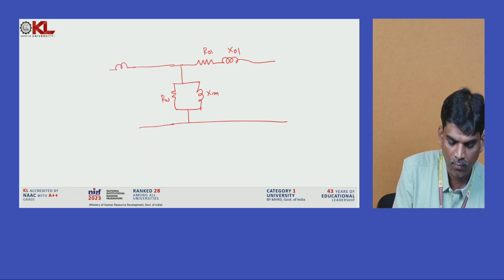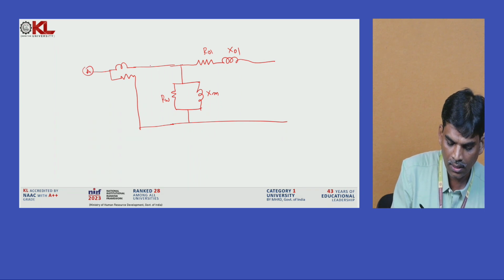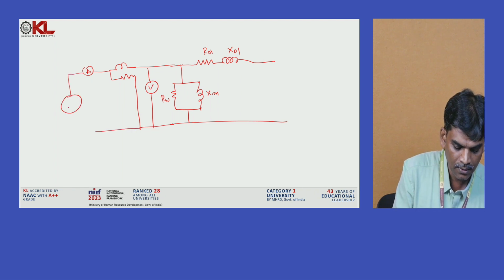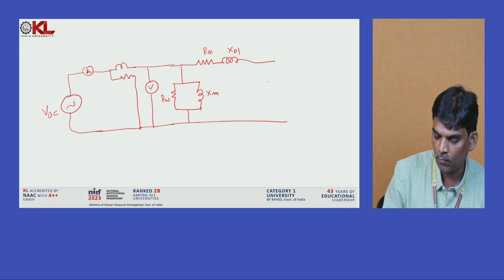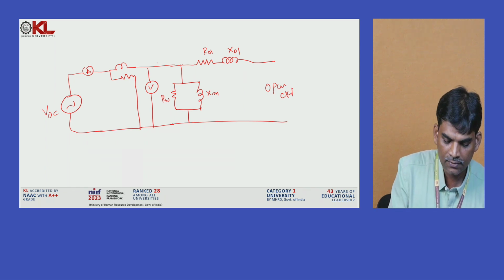One wattmeter is connected like this, and we provide an ammeter and a voltmeter, and we apply the rated voltage here. This is the open circuit. Under open circuit, what happens is that the total current IOC passes here.